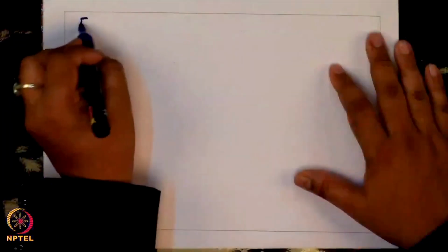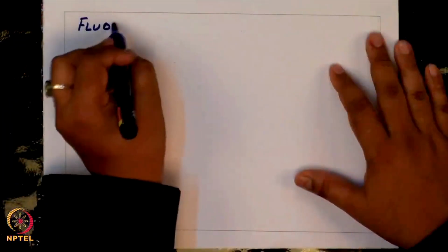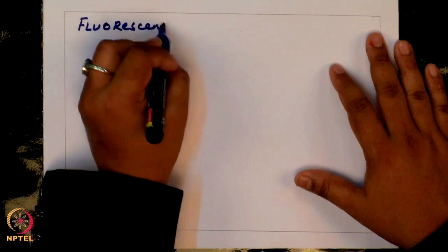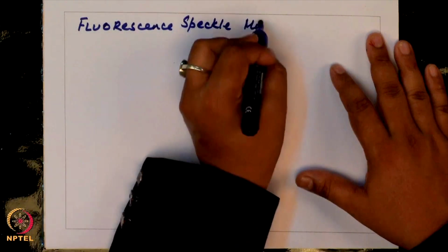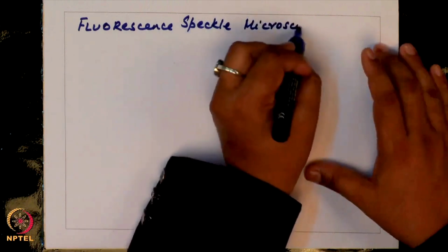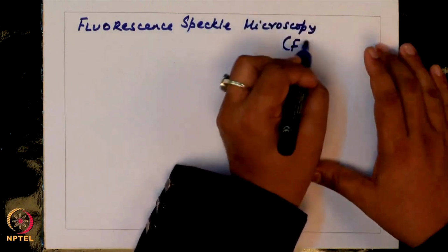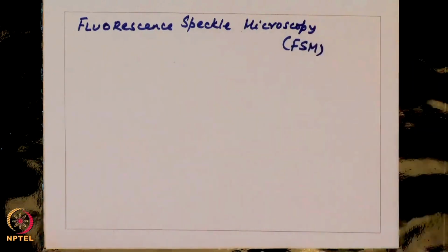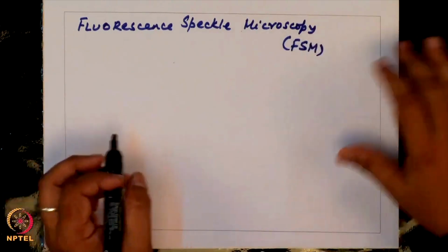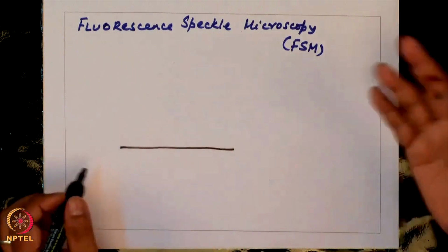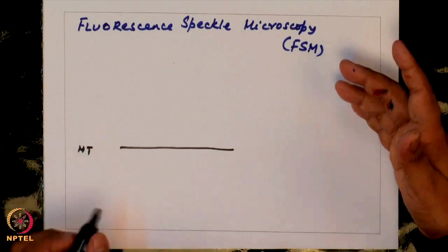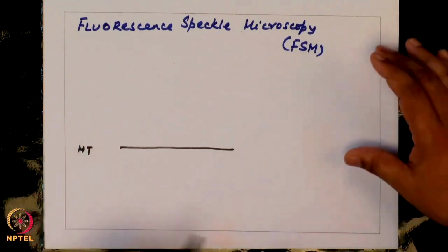One of the approaches developed is called fluorescence speckle microscopy or FSM. What this technique does, let us assume in the simple case you have a filament, or even let us say this be a microtubule which is entirely labeled.